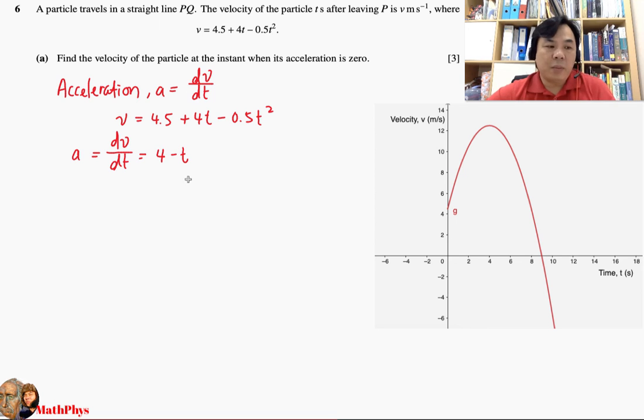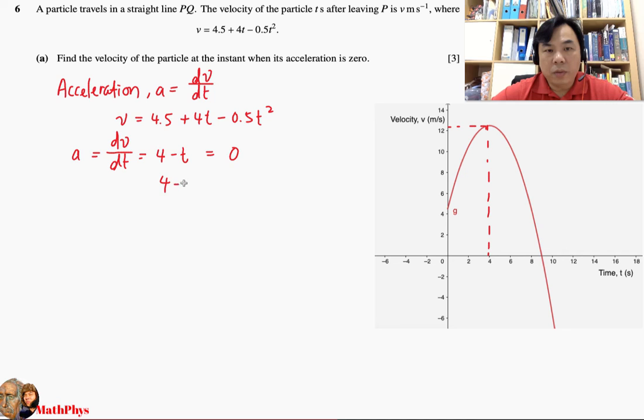Now, at what time will the acceleration be 0? From the graph, based on my drawing, roughly you'll be at 4 seconds, and the velocity will be somewhere more than 12 meter per second. I'm not sure whether that's correct, but let's check the algebra. To find when the acceleration will be 0, we assign this equal to 0.